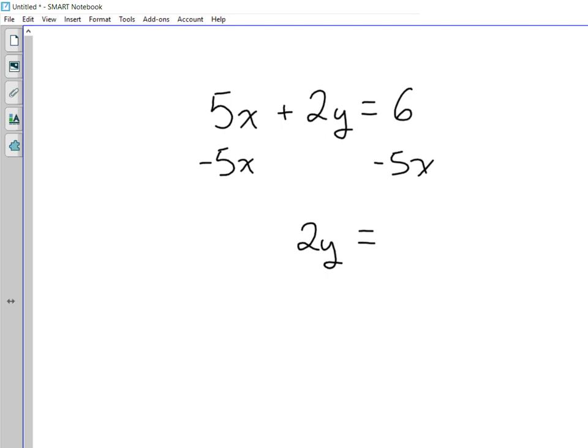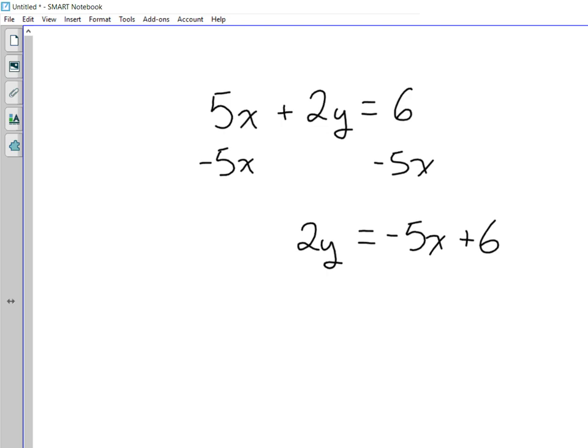Should I write 6 minus 5x or negative 5x plus 6? We want our answer to be in that form where the x's go first and then the constants go last. And that 6 is positive, isn't it? So since it's positive, it stays positive, and we keep it as a plus.